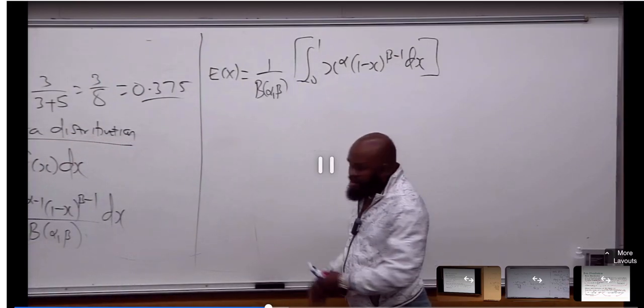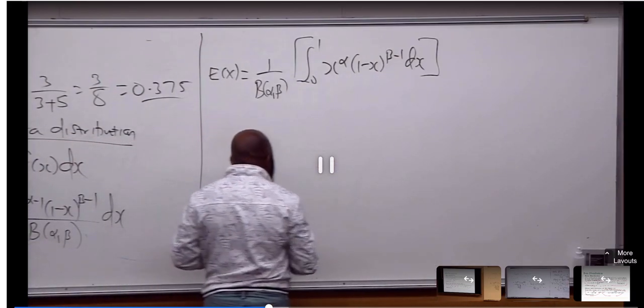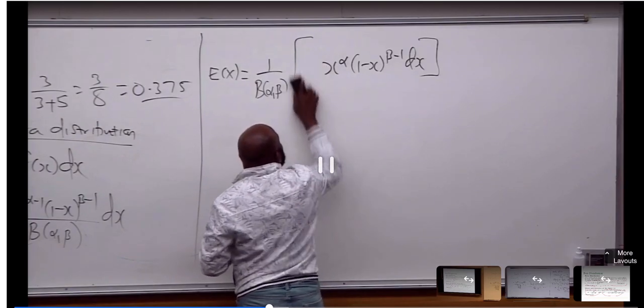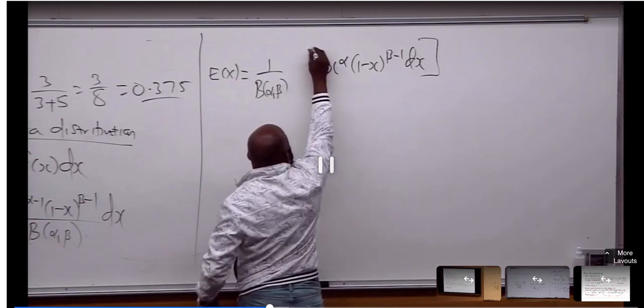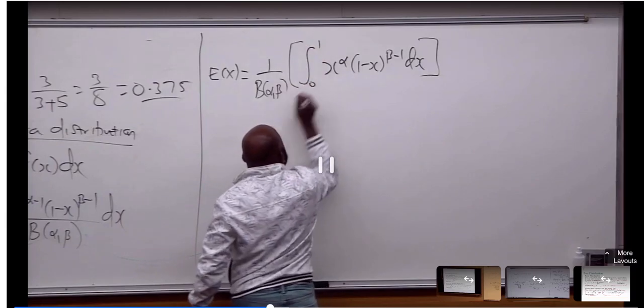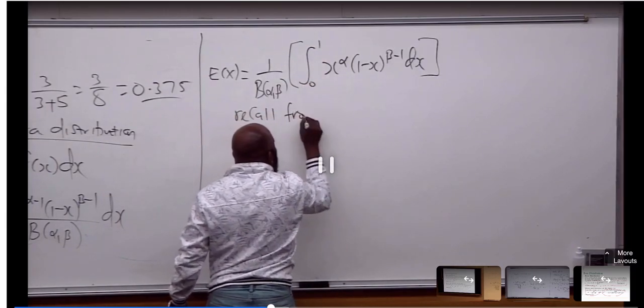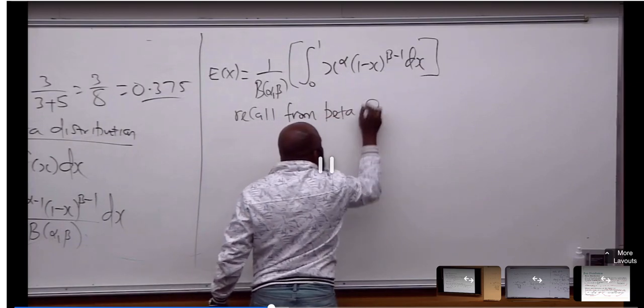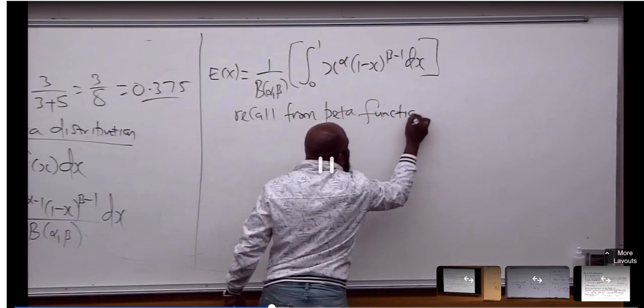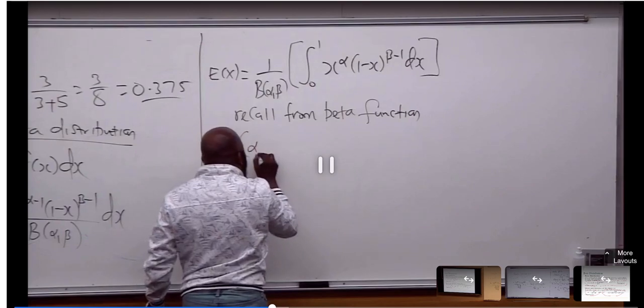Okay, let me do this. Let me write this very well so that you can see. Now, recall from beta function, B of alpha comma beta is this.